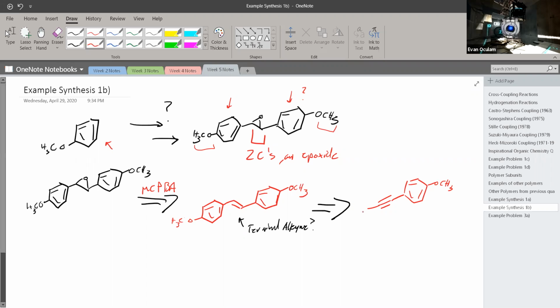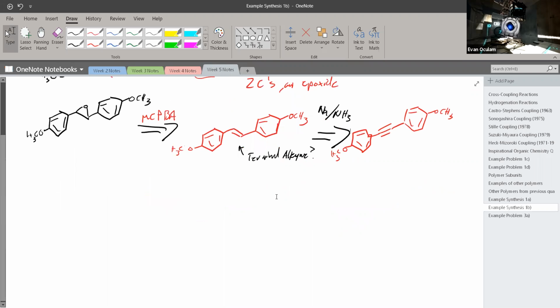Okay, all right. Like this. Now the real question is, how did we reduce this alkyne to an alkene and make it trans? Well, this is a reactant that not many people remember. But if you use sodium and ammonia, you can turn that alkyne into an alkene.